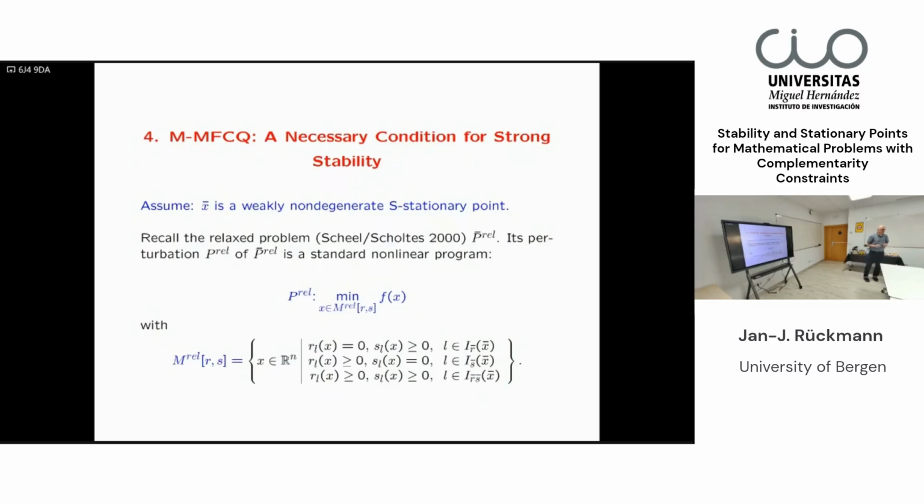And that means it's not possible that the pair of Lagrange multipliers is both 0. Yeah? This is excluded. And the idea, that is 2000 von Scheel and Stefan Scholtes, they looked at a relaxed problem. Originally it was a problem with complementarity constraints. And then they looked at a relaxed problem, which is defined here.